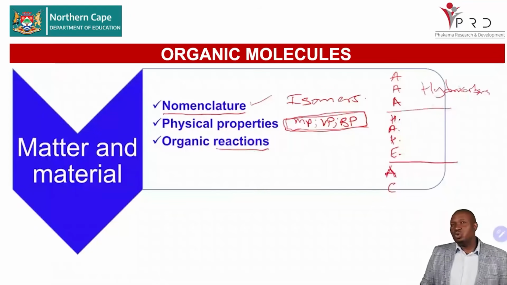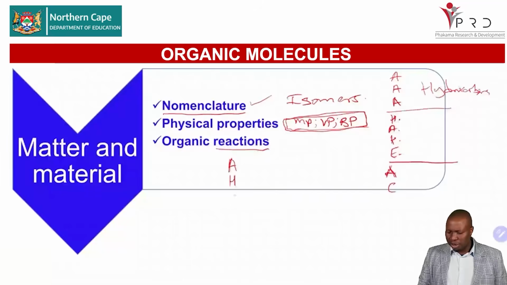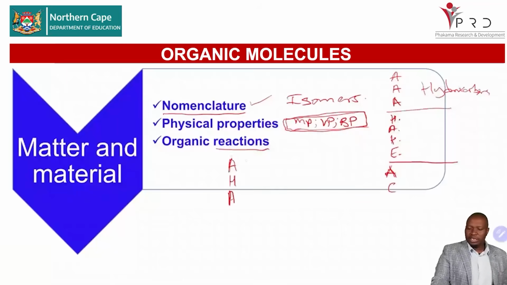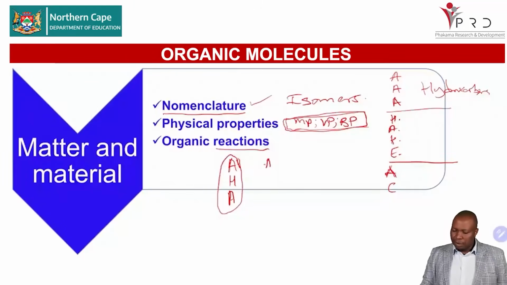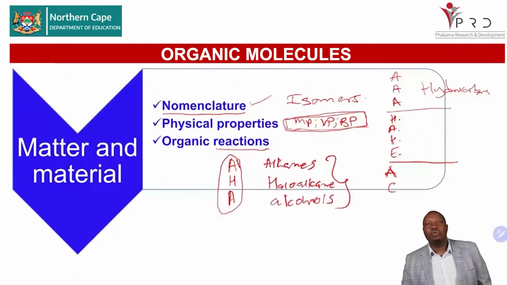And I will want to advise you to give a special concentration to 3, your alkanes, I refer to them as AHA so that you don't forget. That is your alkanes, your haloalkanes, and then your alcohols. You will see that most of reactions are around these three homologous series.